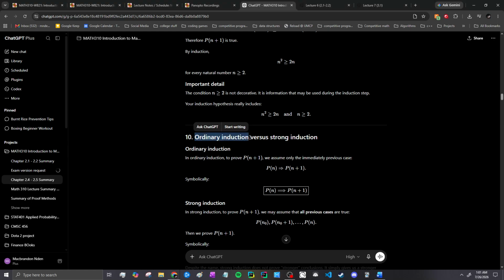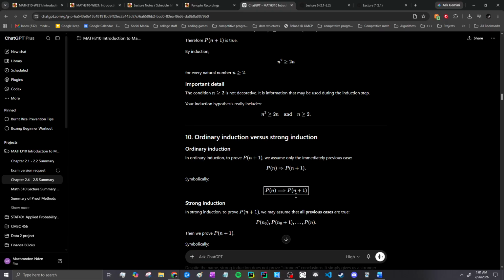Ordinary induction. The reason strong induction relates to mathematical proofs is that it's another tool used to prove statements.